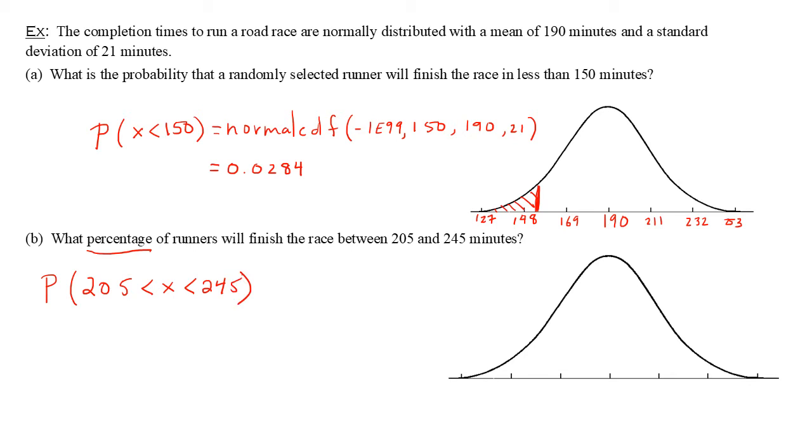So again, we'll just use our normal CDF formula: the lower bound of 205, an upper bound of 245, and then the same mean 190 and standard deviation of 21.